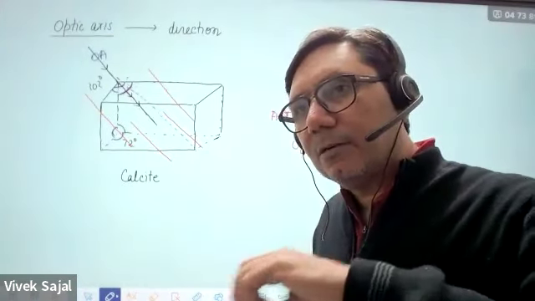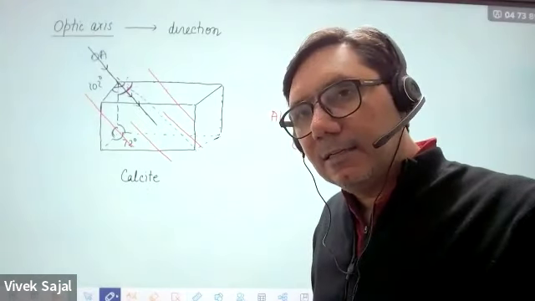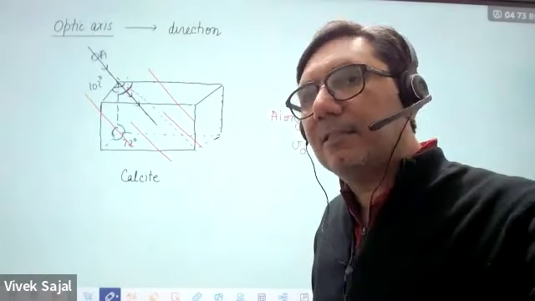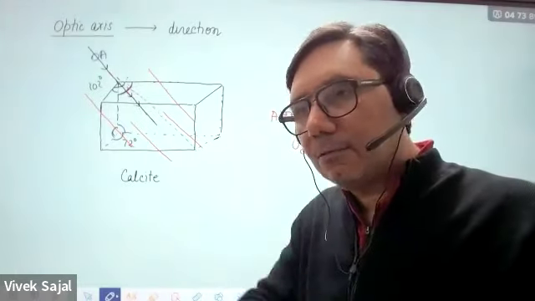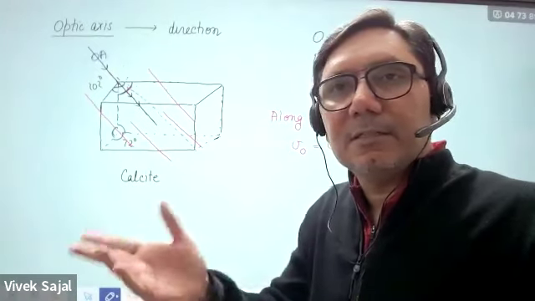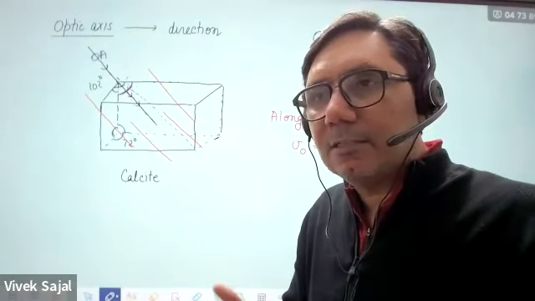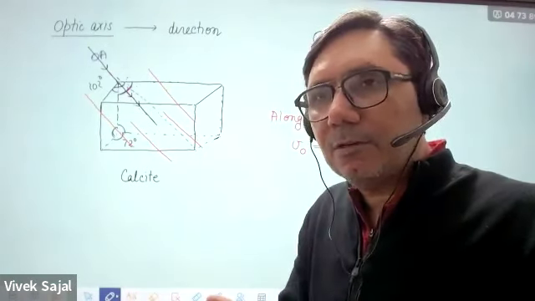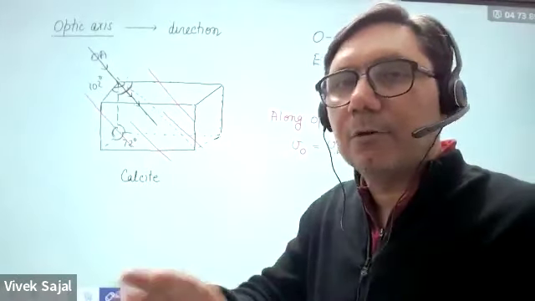So the plane of incidence consists of incident light, normal, and refracted light. If you consider ordinary light, the normal, and the incident light, these three always lie in the same plane. So ordinary light, which behaves like an ordinary one, will always lie in that plane of incidence. But for the E ray, that's not necessary. When you are considering the principal section, first the plane should pass through the optic axis.